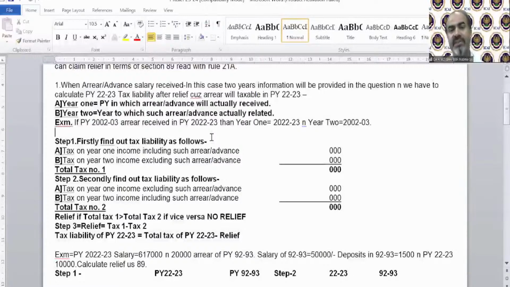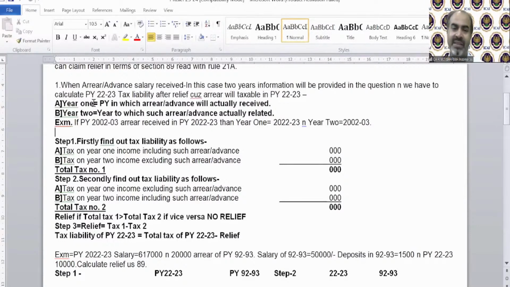When arrear or advance salary is received, in this case, information for 2 years or more will be provided in the question. And we have to calculate the previous year 22-23 tax liability after relief, because arrear will be taxable in the 22-23 previous year. I have used the previous year version over here, not assessment year. So year 1. We are just giving names.